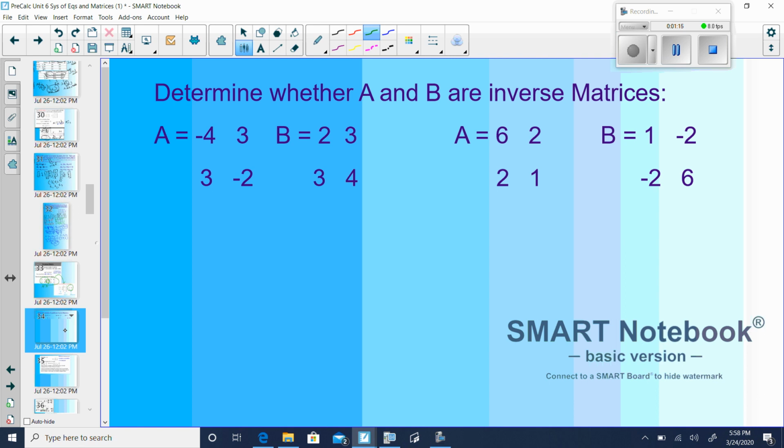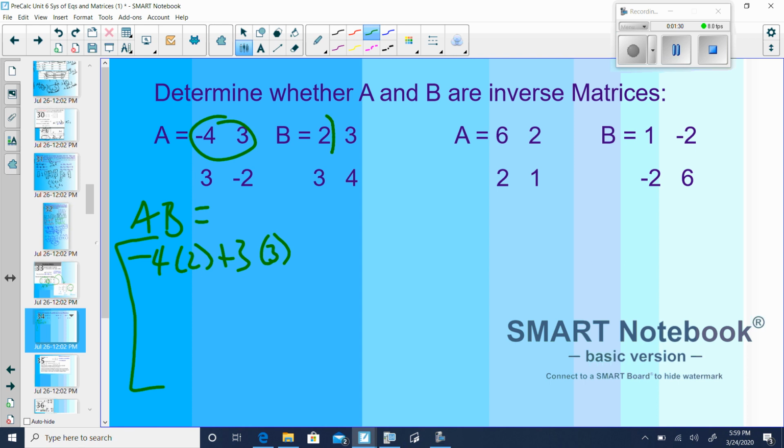Well, let's see here. So A times B. So we have -4 times 2 plus 3 times 3, because we're taking row, column. Then we have -4 times 3 plus 3 times 4. Right, so row and column. Now we come over here.